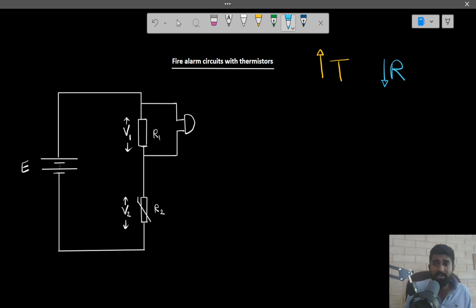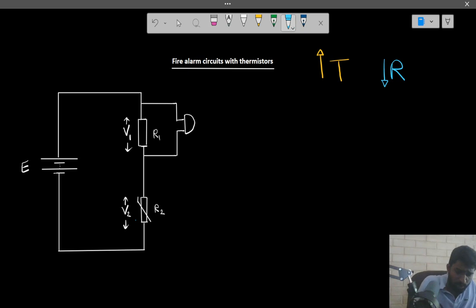So here I have given a circuit. The EMF of the battery is E, and the resistance of the resistor is R1, and the resistance of the thermistor is R2. The potential difference across the resistor is V1, and across the thermistor is V2.